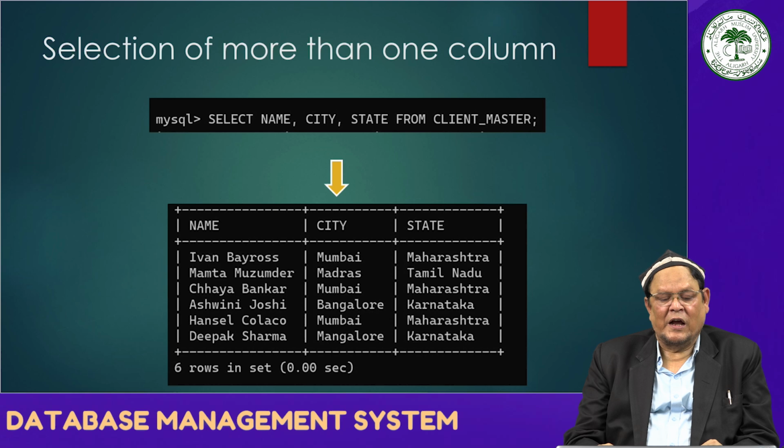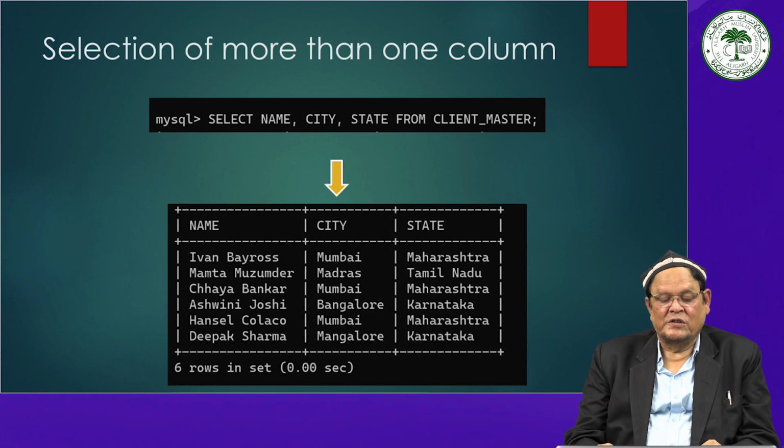It will show Ivan Bros, city is Bombay, state Maharashtra. Same way Mamta Majumdar, city is Delhi, state is Tamil Nadu. Chaya Bankar, city is Bombay and state is Maharashtra. Same way Ashwani Joshi, Bangalore, Karnataka. Hansal Kolako, Bombay, Maharashtra. Deepak Sharma, Bangalore, Karnataka. It will show 6 rows with more than one column.